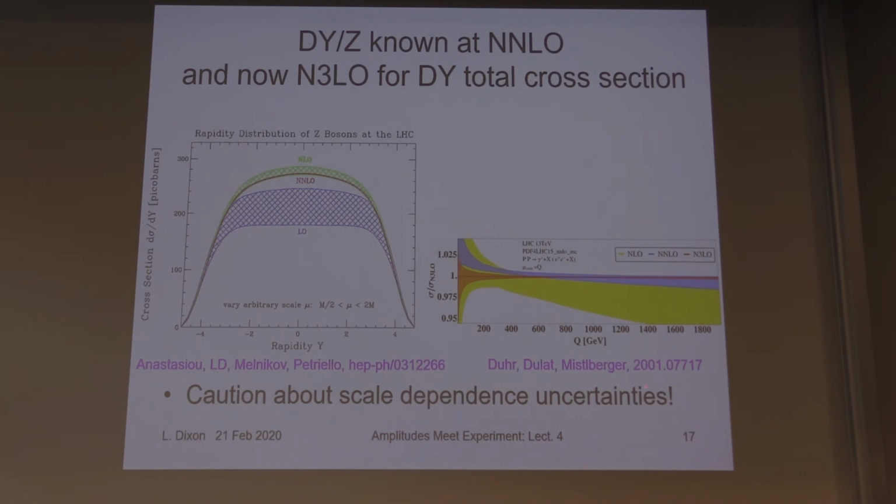And Bernhard Mistlberger, who is coming to SLAC in April. They did it at one higher order, and they found something kind of surprising. So far they just did Drell-Yan, that means a virtual photon only and no Z boson.